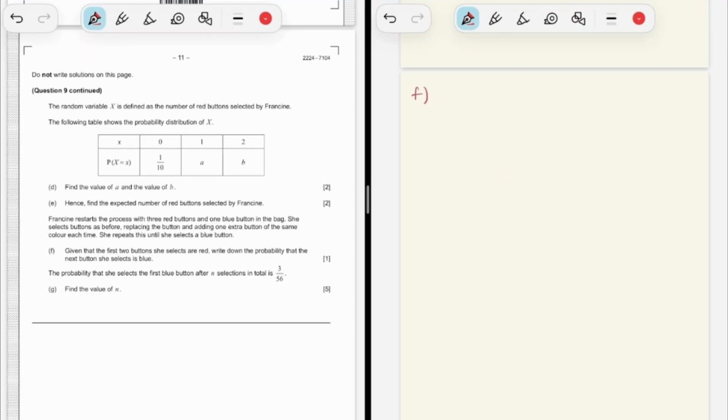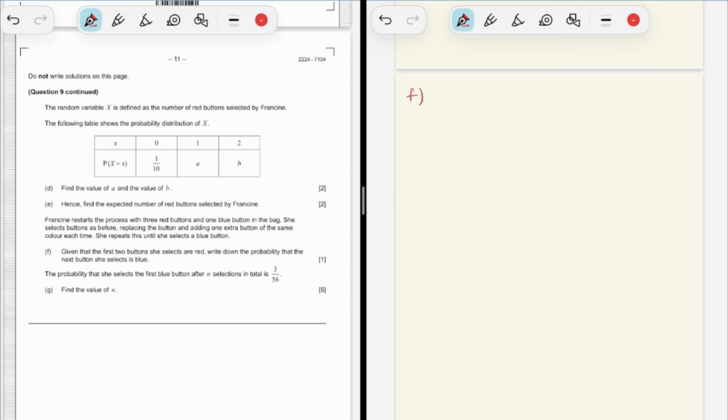Then for the third button to be blue, the probability is 1/6.